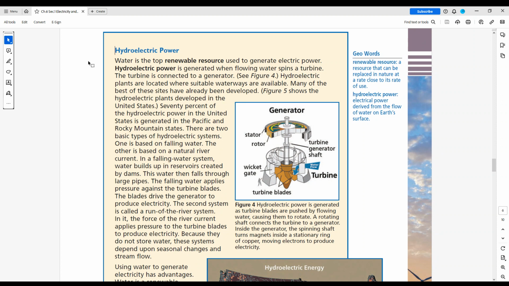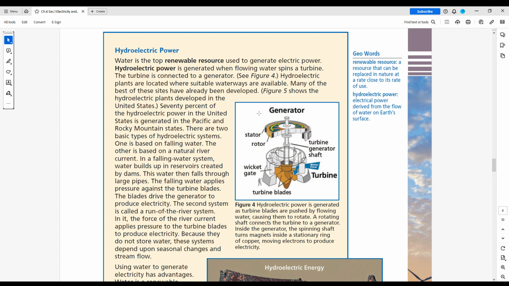The blades drive the generator to produce electricity. The second system is called a run-of-the-river system. In it, the force of the river current applies pressure to the turbine blades to produce electricity. Because they do not store water, these systems depend upon seasonal changes and stream flow.